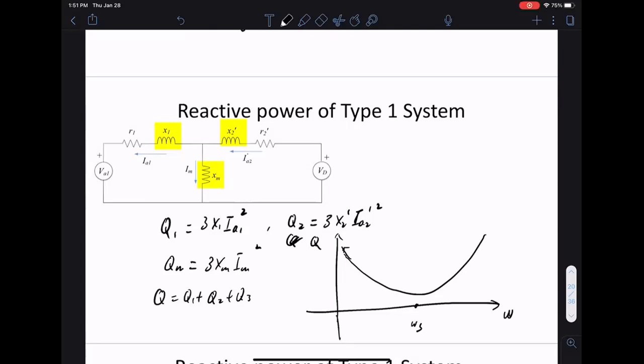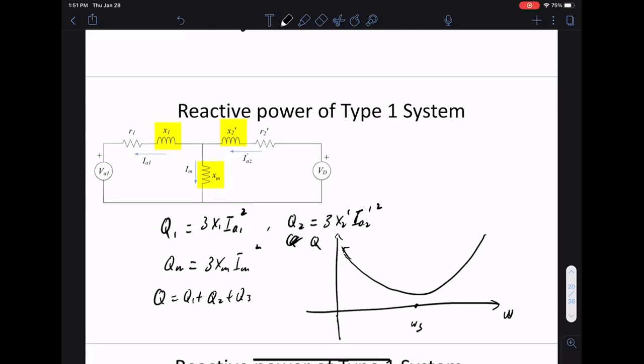Remember we said the active power depends on the sign of the slip, so a negative slip generates power. However, if you add all these equations up, the reactive power is symmetric with the sign of the slip. If you go away from synchronous speed, you have to consume reactive power.